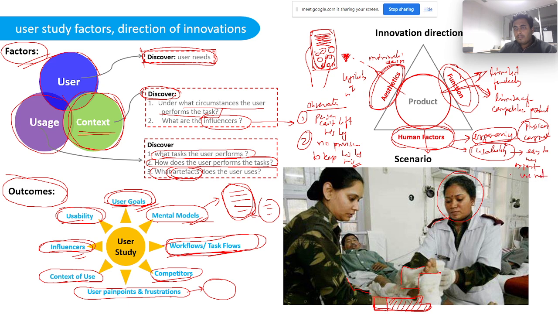That may be a usability problem, which you try to solve. So these are the various directions in which you can bring your solution into the picture after you collect this information from your user study.